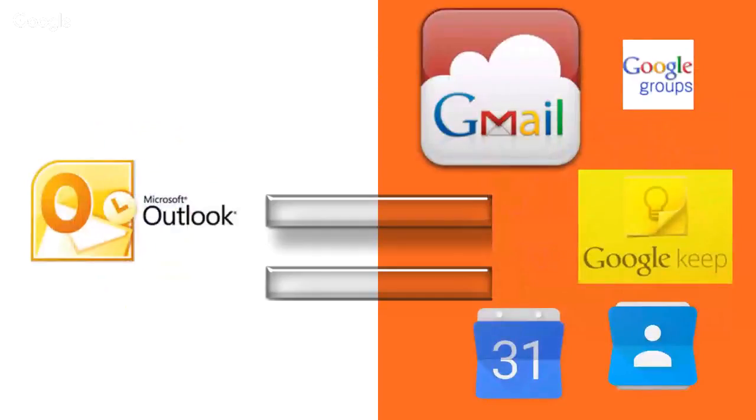Okay. So we've gone in depth about Gmail, but really people were familiar with Outlook, right? There's not just one equivalent for Outlook because Outlook did quite a few things. Between Gmail and Google Groups and Google Keep, which is for notes, which we'll get into at a later date, your contacts, your calendar, all are applications that replace Outlook.